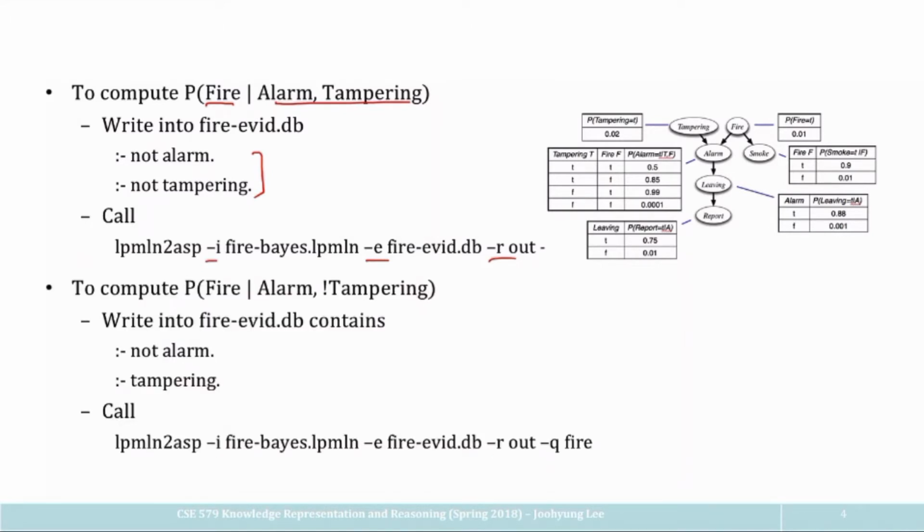Actually, this should be fire, which was shaded by the picture. That's what we need to do. If you have negation of tampering, then all you need to change is from this positive fact into the negative fact.